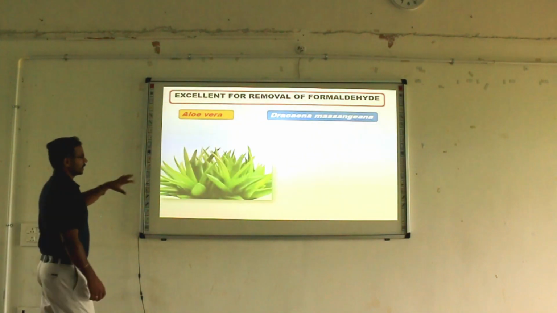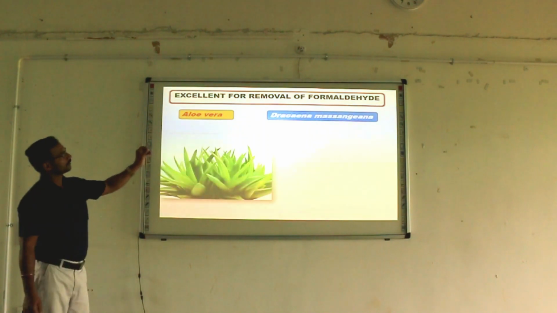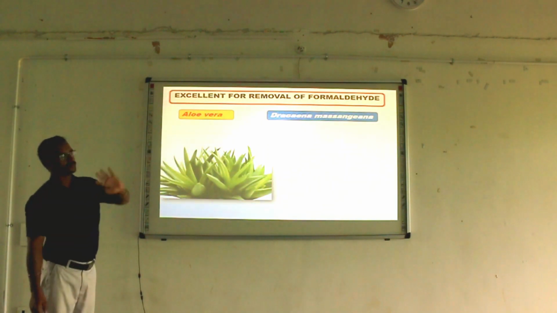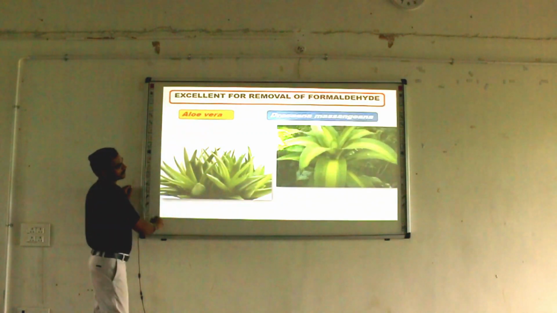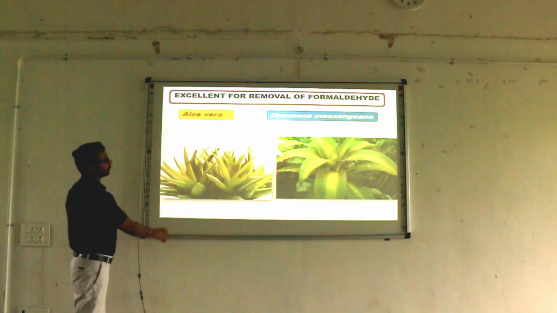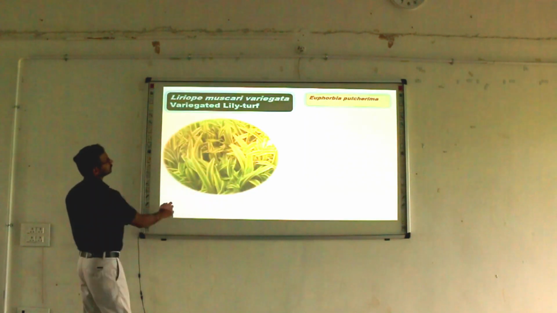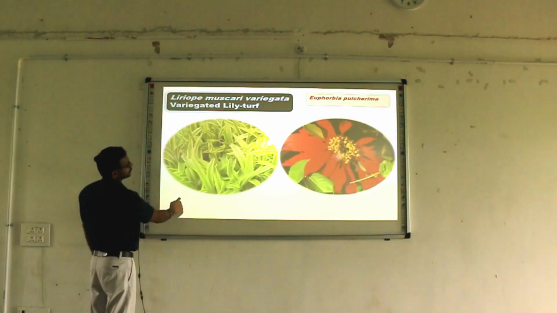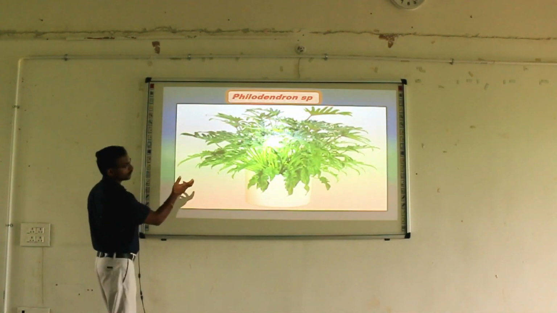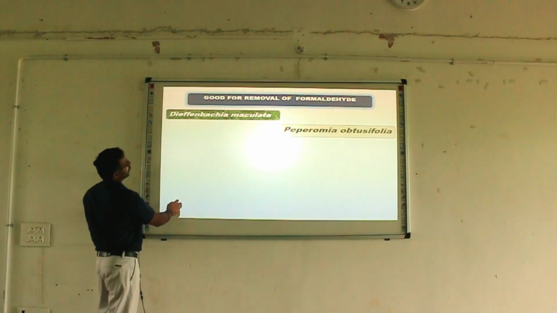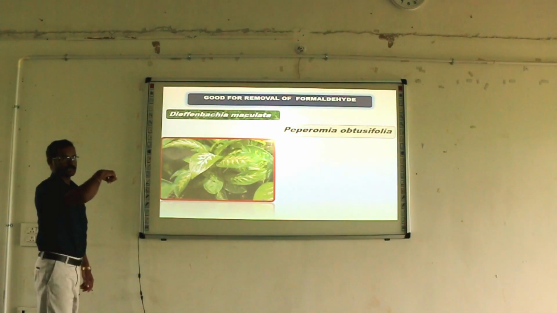If you use it in an indoor garden, aloe vera absorbs formaldehyde very well, so it is used for formaldehyde removal. Then Dracaena marginata, also an important plant. Then Euphorbia pulcherrima, then Philodendron, commonly called Janadu. For removal of formaldehyde, that one is excellent, this one is good.